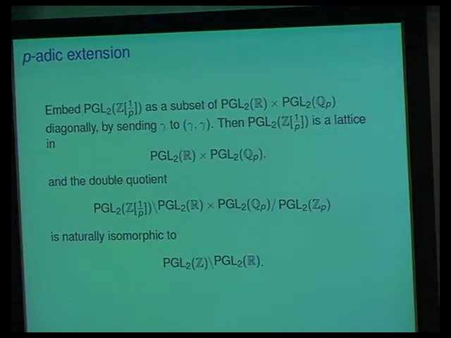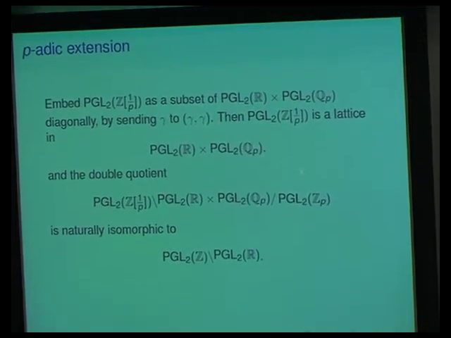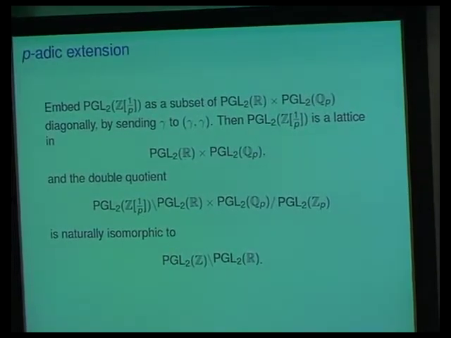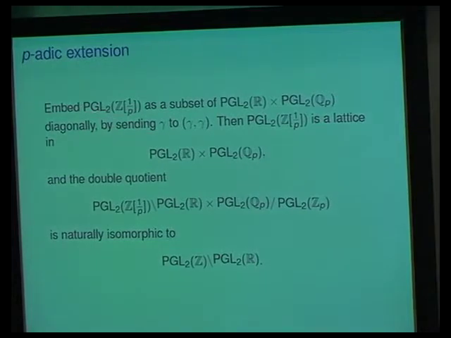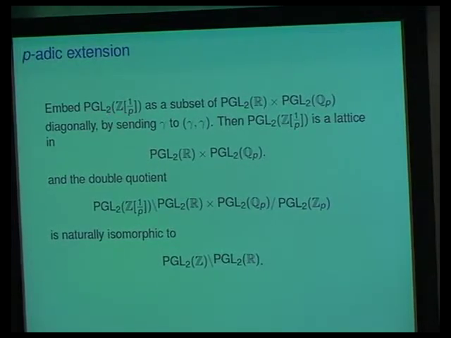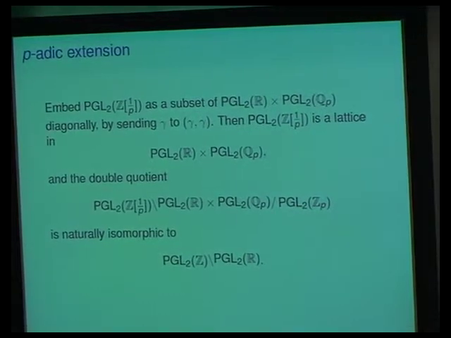So here's the statement. If you take the product of PGL2(R) with PGL2(Q_p), there's a lattice in that group, which is just PGL2(Z[1/p]). Z[1/p] is a ring of rational numbers, that's easy. Then you take PGL2 of that. You take GL2 of that, and then you identify two matrices if they differ by a constant multiple.